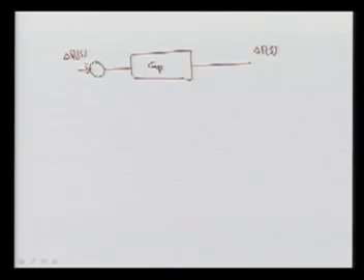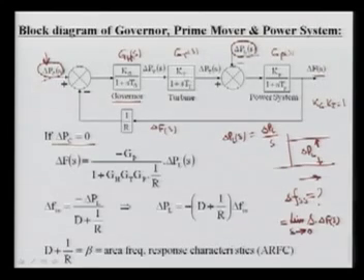Then there is a plus sign, and we get several components. These components are in series, multiplied one after another, and finally we get the plus sign.